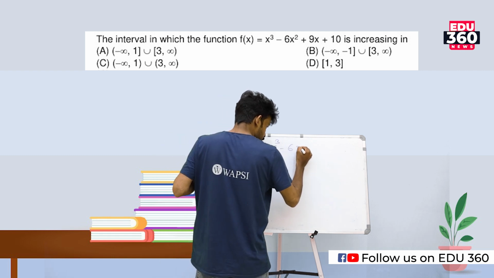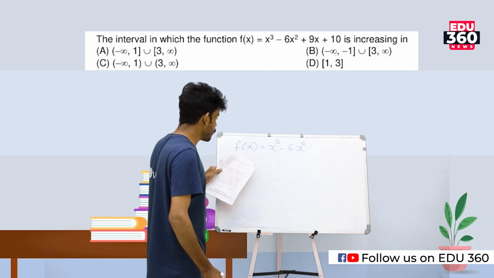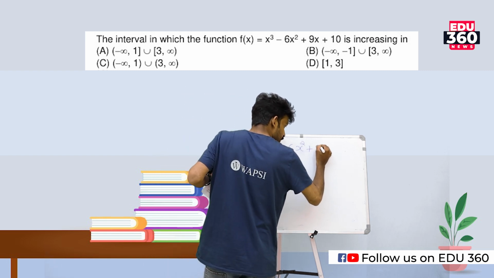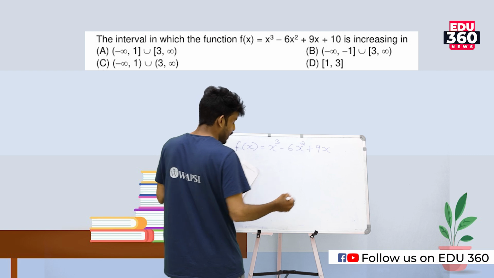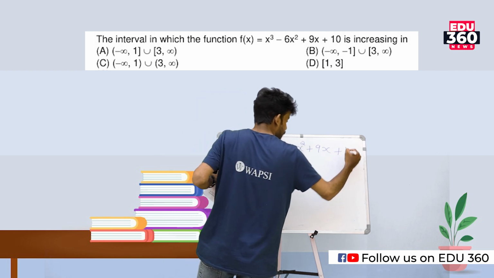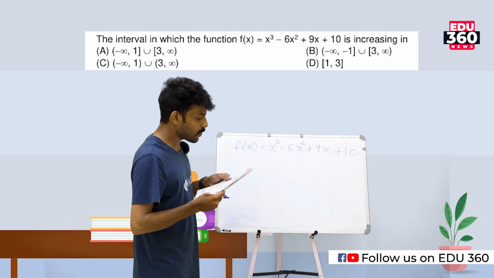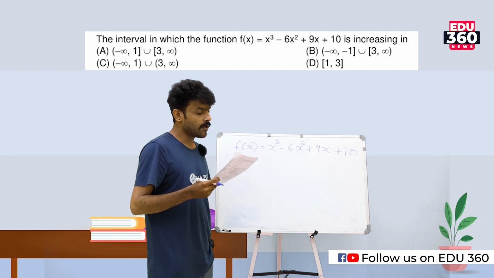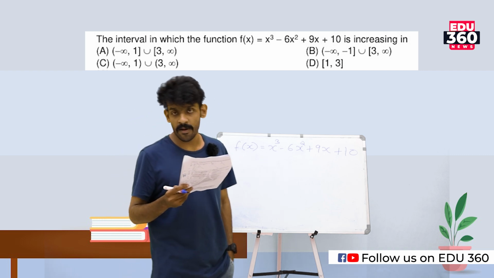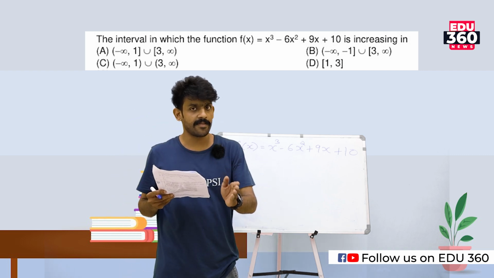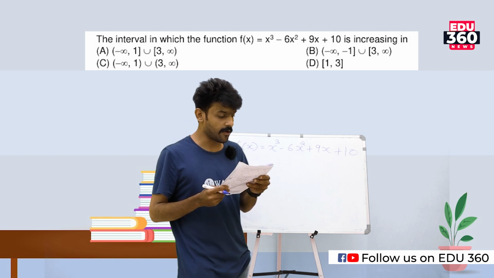So this is the function. You can see there are 4 options. From this we need to find the correct interval.